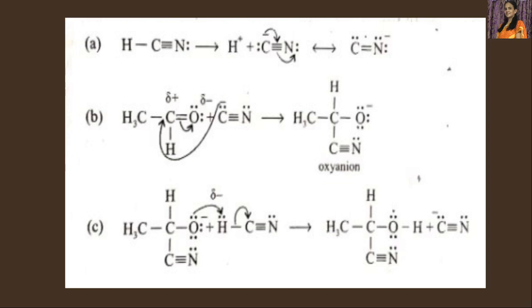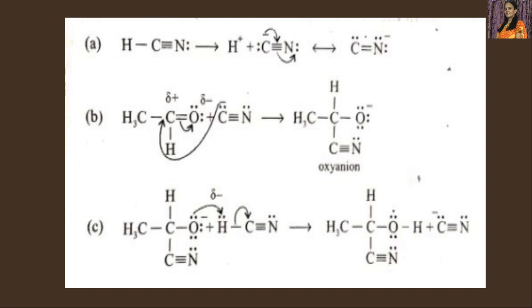So the next step, what happens? This oxyanion which is produced here abstracts a proton, because this oxygen has a negative charge. It abstracts a proton from HCN, the reagent molecule, to form the final product. This is the final product obtained.